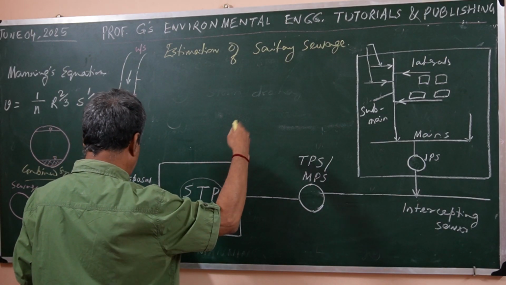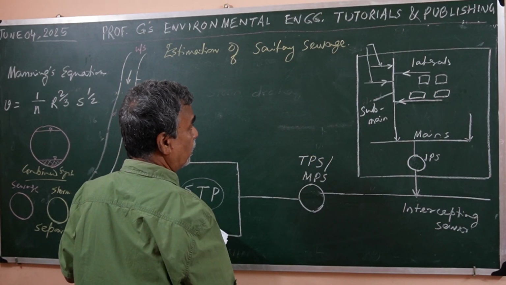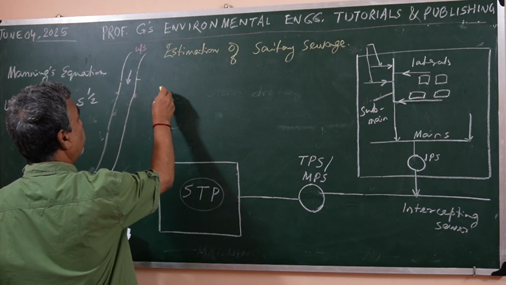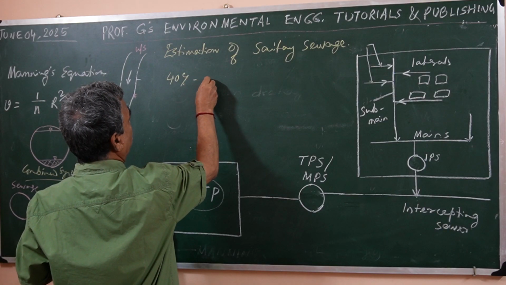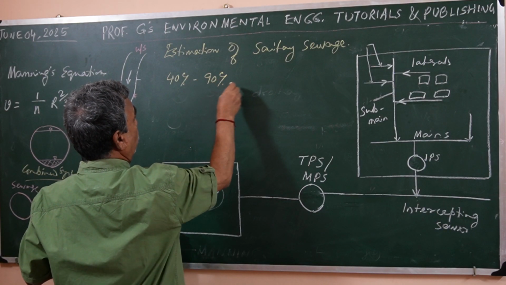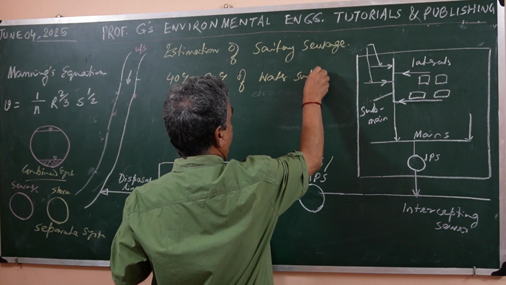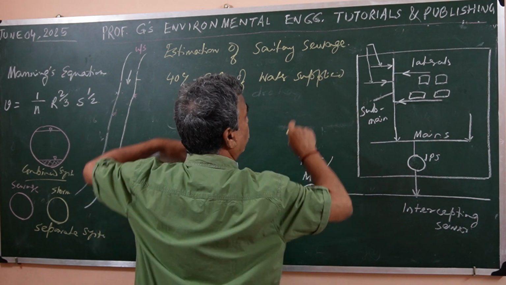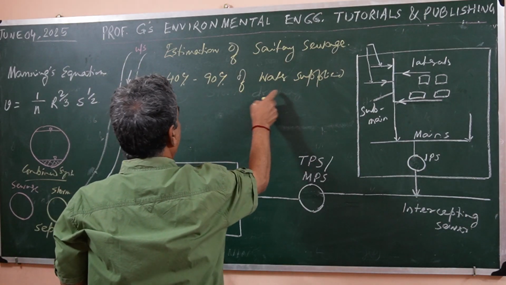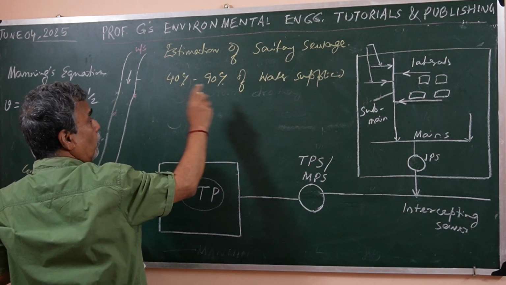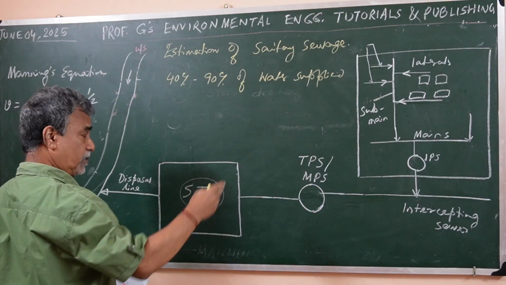Depending on different factors and the extent of the sewerage collection network, 40% to 90% of the water supplied to each building comes out from those buildings, depending on the extent of coverage, the workmanship of the sewerage system, and several other factors.